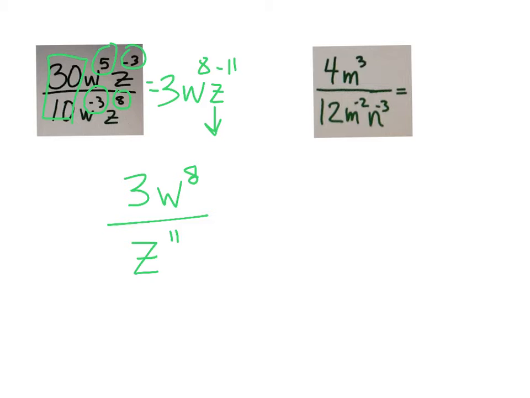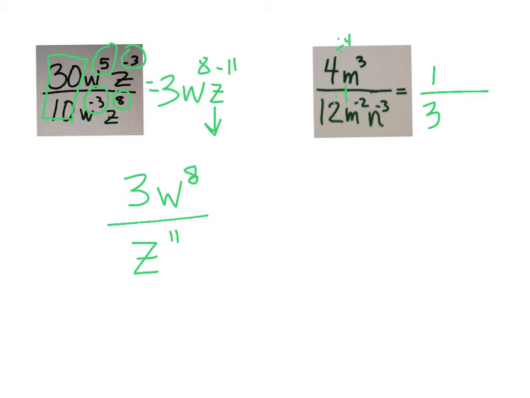Okay, on the second one, 4 and 12, 4 is not divisible by 12, because the bigger number's in the denominator. But 4 and 12 are both divisible by 4, so that's what we'll do here. We'll divide each of them by 4. So that gives us basically 1 on top, and then 12 divided by 4 is 3, so the 3 is on the bottom.